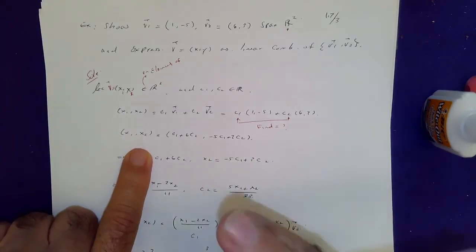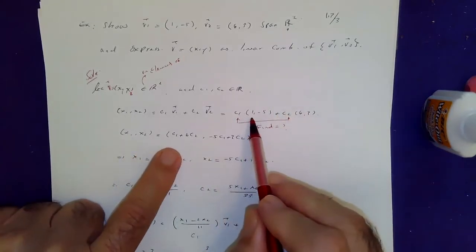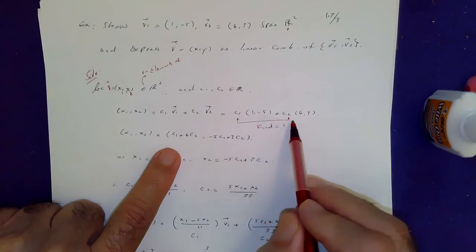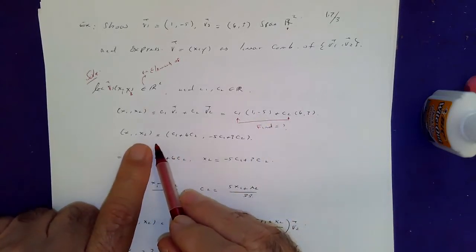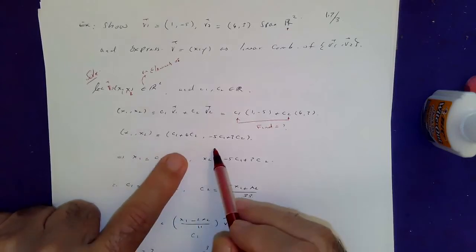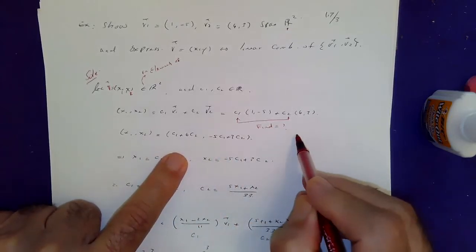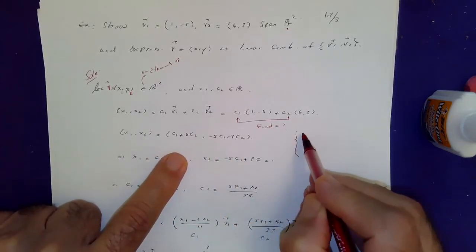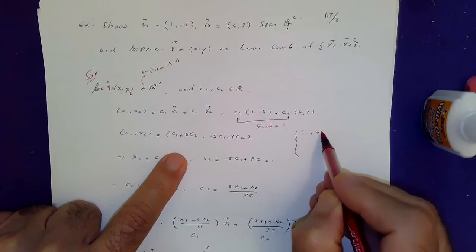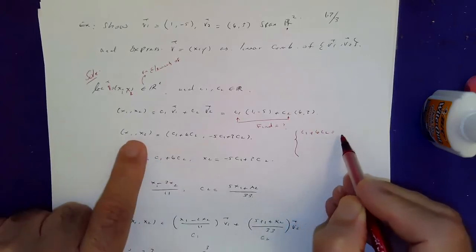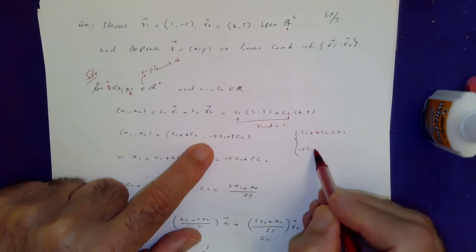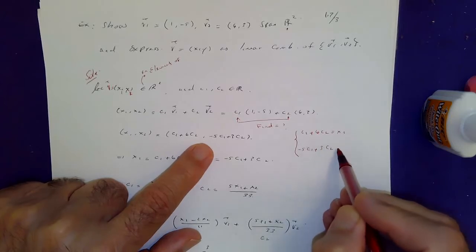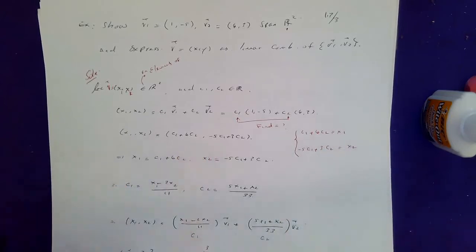In this particular case, when you multiply C1 by (1, -5), C2 by (6, 3), and set it equal to (x1, x2), you get a vector on the left side, a vector on the right side. So the only way these two vectors will be equal is if C1 plus 6C2 is equal to x1 and -5C1 plus 3C2 is equal to x2.